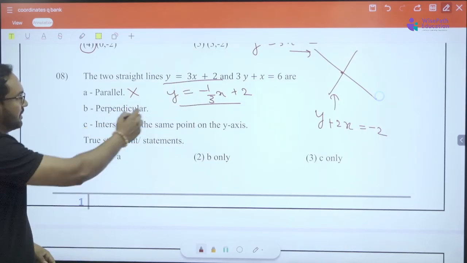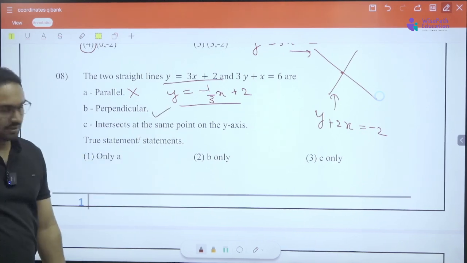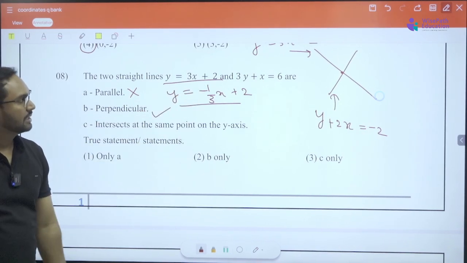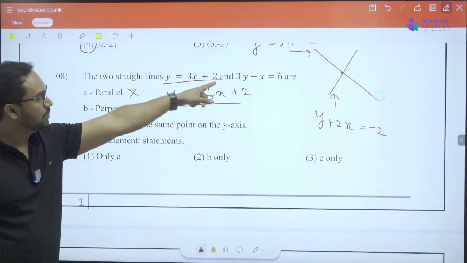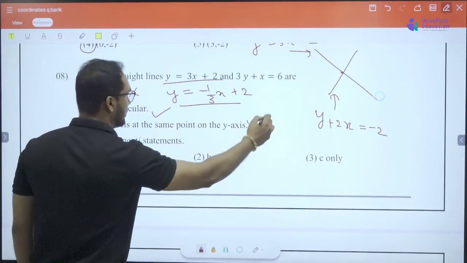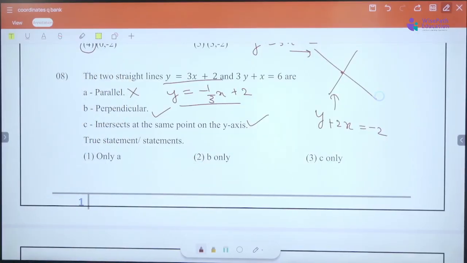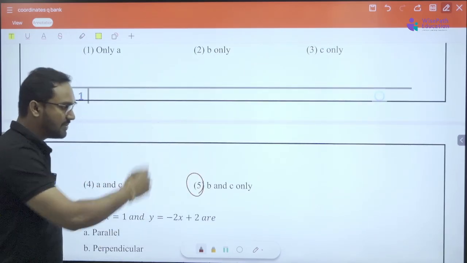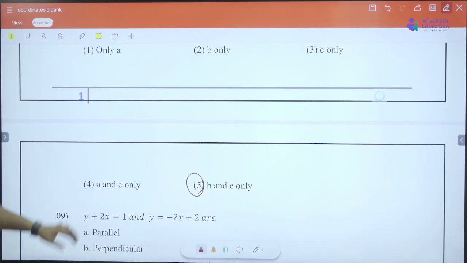So it's perpendicular, that's correct. For the intersects at the same point, the intersect is the C. Here the intersect is 2, and here it is 2 as well. So this is also true. So B and C are true, and A is wrong, right?